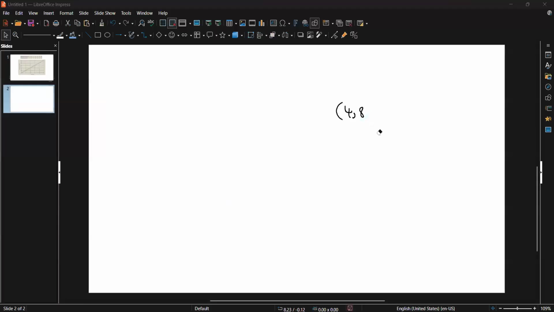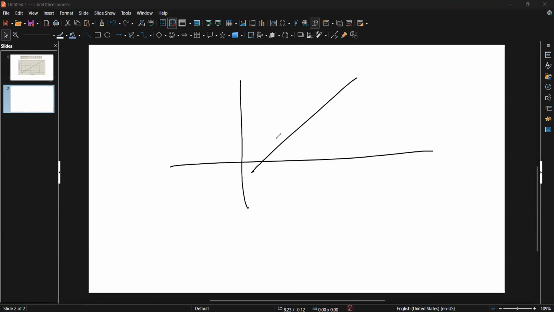For those who don't know how to find the gradient of a graph, let me share this bit with you. Very important. If you have a straight line graph, take any 2 points. Down here is x1 and y1, and down here is x2 and y2.